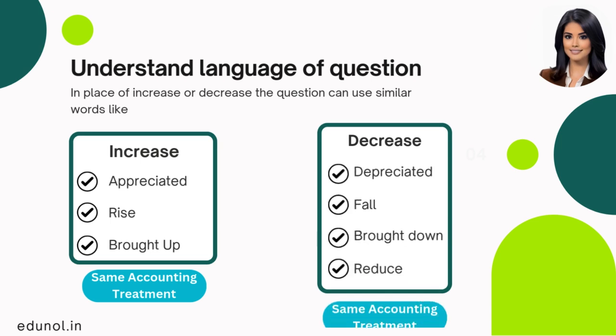All these words have the same meaning and indicate the decrease in value of assets or liabilities. The accounting treatment will be the same, irrespective of the word used in the language of the question for indicating either increase or decrease. Let's understand the amounts we have to calculate in each revaluation adjustment.